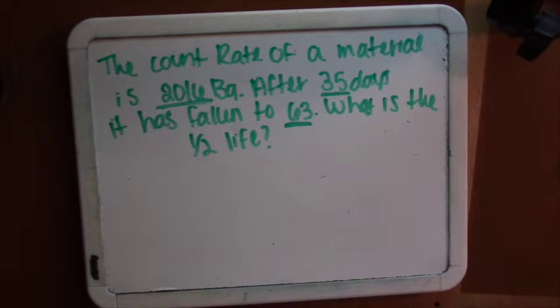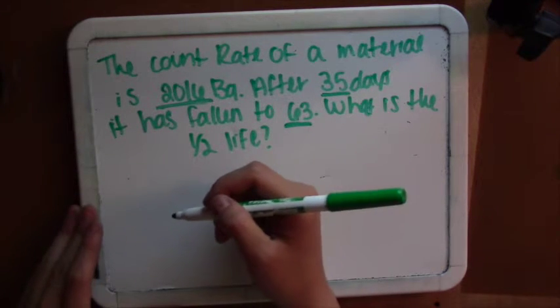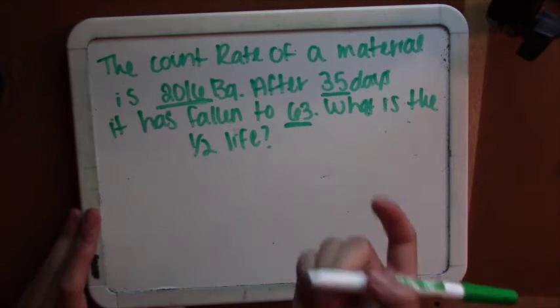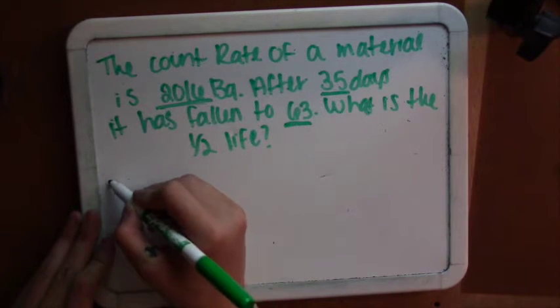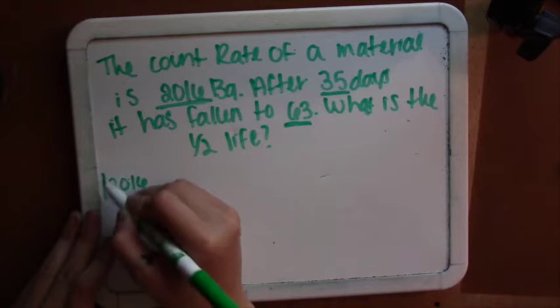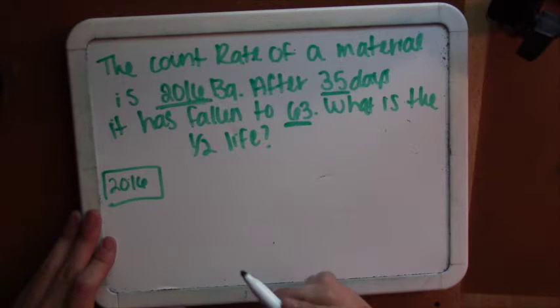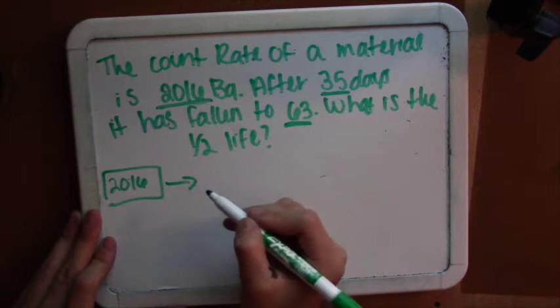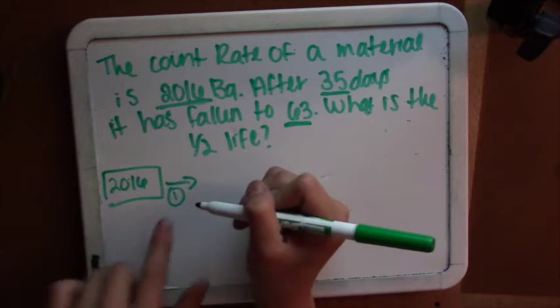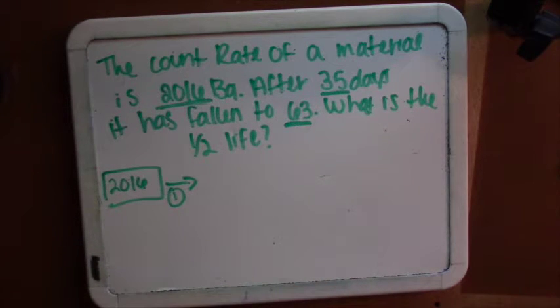So once again, we are going to use a box method to figure out what exactly is the half-life of this certain material. So you'd start with 2016, put a box around that, arrow, and make sure to always add your number so you can keep track of how many half-lives you've gone through.